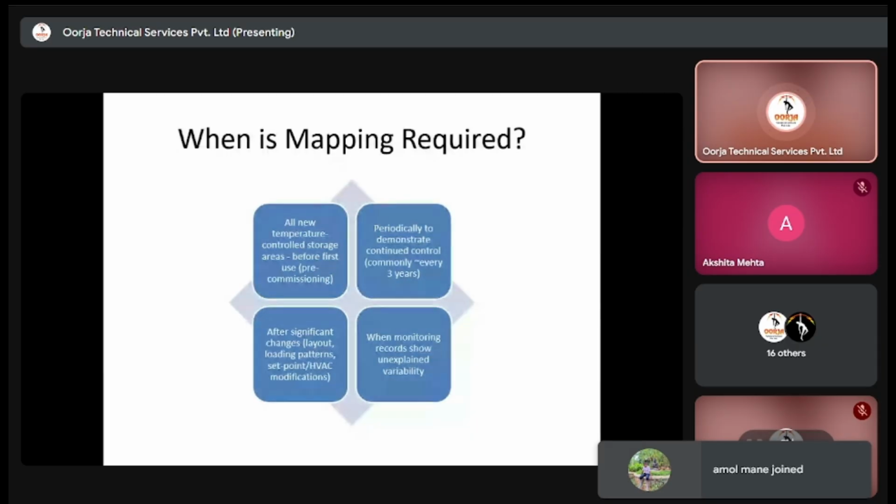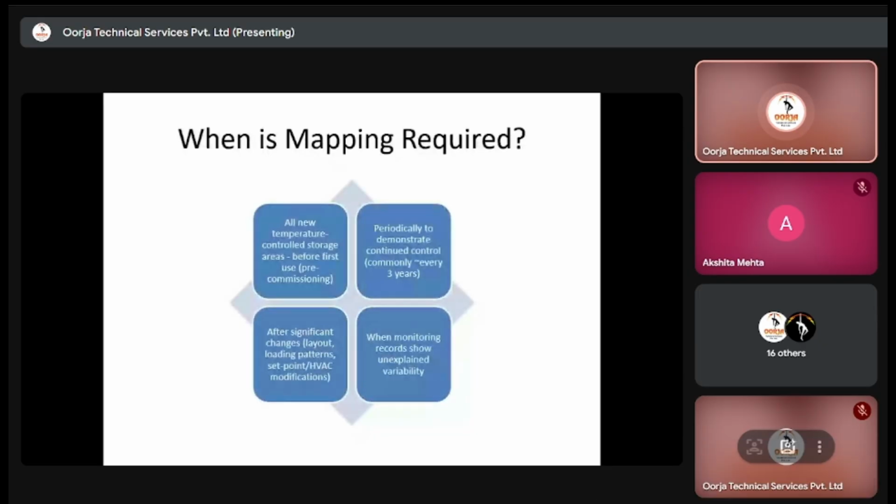As a qualification part, we need to first map that area to ensure that this area is suitable for the storage of those products, right? This is a non-negotiable step, meaning we cannot avoid it. Essentially, we must have our area mapped before we start using it to store any product.